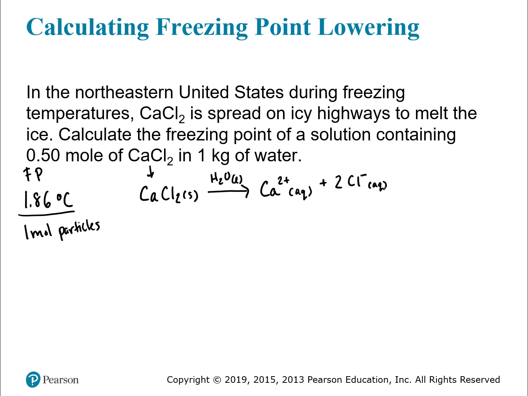The total number of particles, we've got 3 moles of particles here. There's 1 mole of the calcium and 2 moles of the chloride ion. Now we're ready to put together an equation. We're starting with 0.50 moles of calcium chloride in the water.